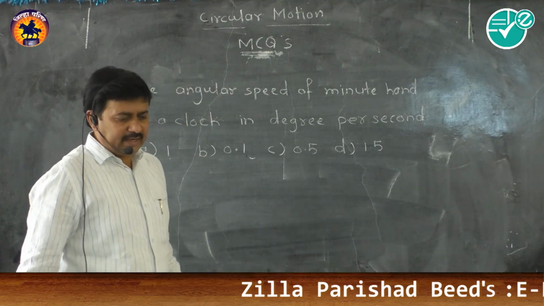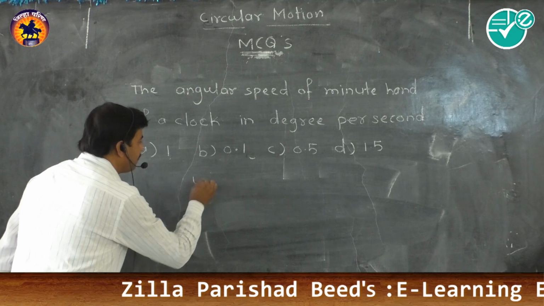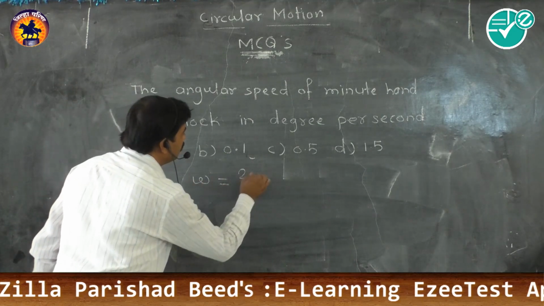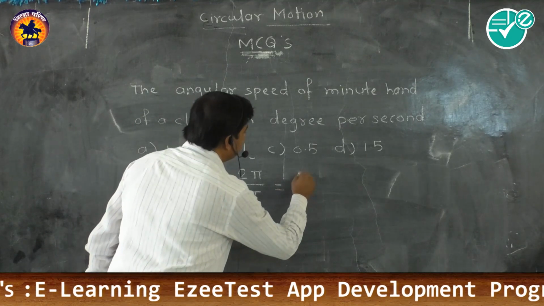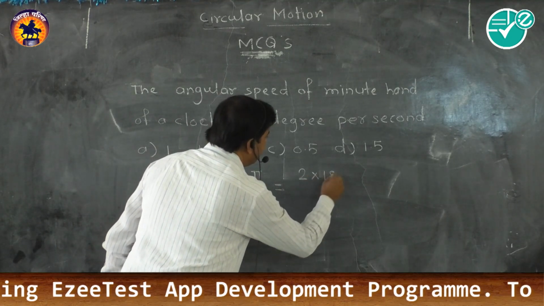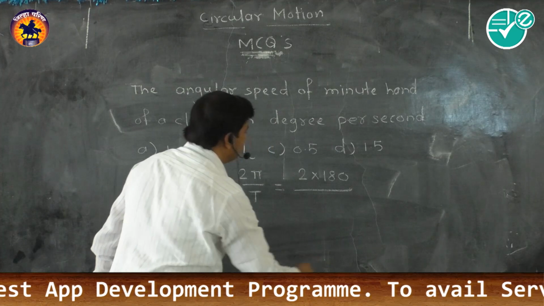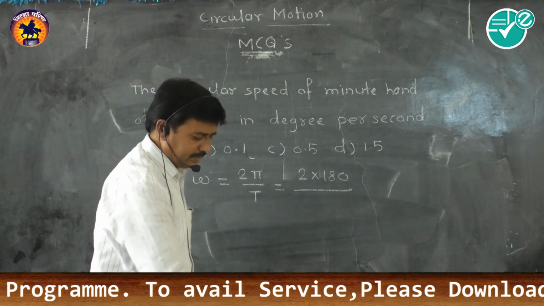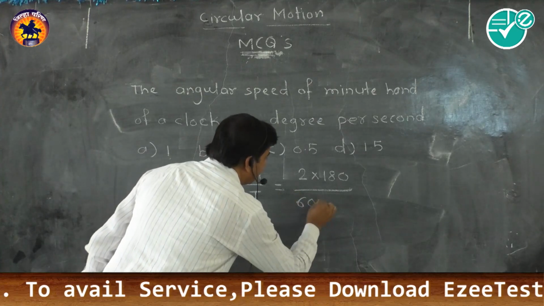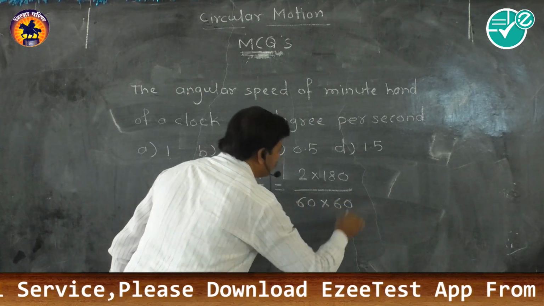So omega is equal to 2 pi by T, that is 2 into 180 upon the periodic time, which is 60 minutes, that is 60 into 60.